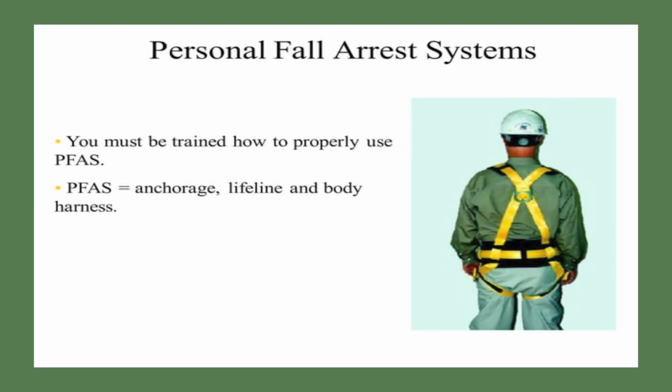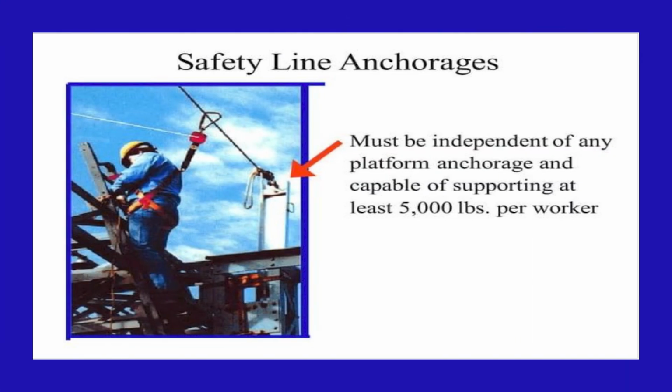Personal fall arrest system: you must be trained how to properly use a personal fall arrest system, or PFAS. The important things are the anchorage, lifeline and body harness. Safety line anchorage must be independent of any platform anchorage and capable of supporting at least 5,000 pounds per worker.